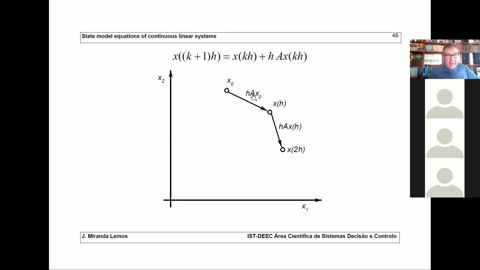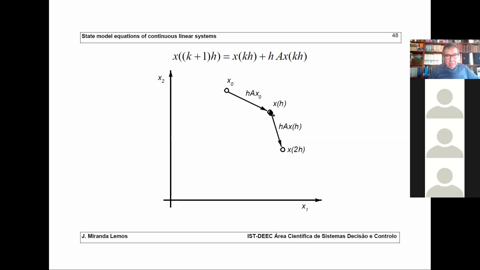So x of 0 is here. Then this is a vector. You modify it by A, and you get some direction. Then you scale it by your time step h, and you get another point. Okay.